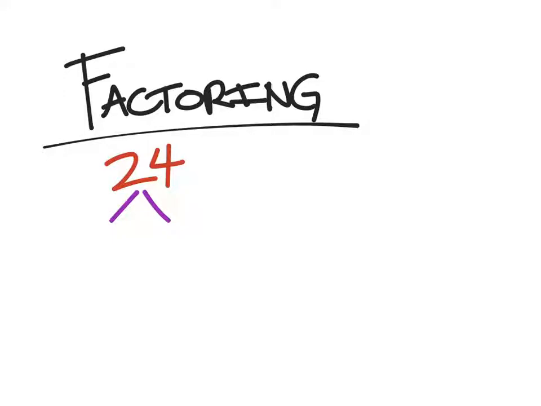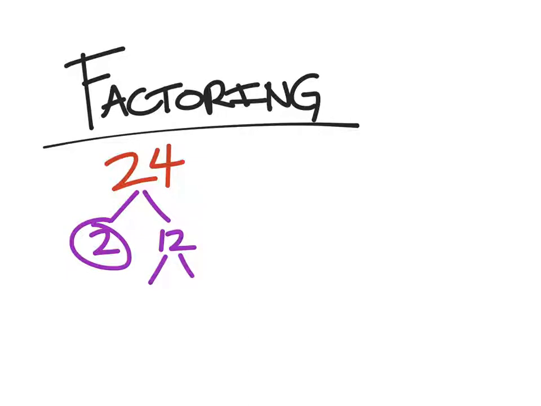What I'm looking for are factors of 24, and you guys should know what factors are. They're values that are multiplied together to give us whatever value we're looking at, like in this case 24, right? So you'd say, what 2 numbers multiply to give us 24? A lot of people would say 2 and 12, even though you could have said 6 and 4 or 3 and 8, okay?